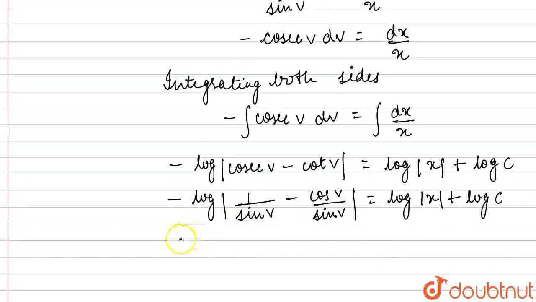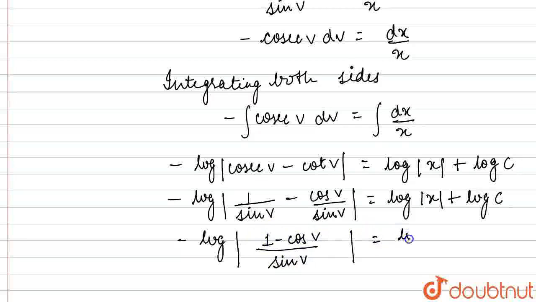Okay, now again this will become log mod of, taking LCM here, which will be sine v, and in the numerator I'll get 1 minus cos v, and this is equal to log mod of x plus log c.